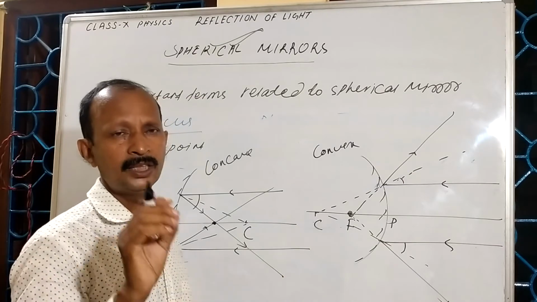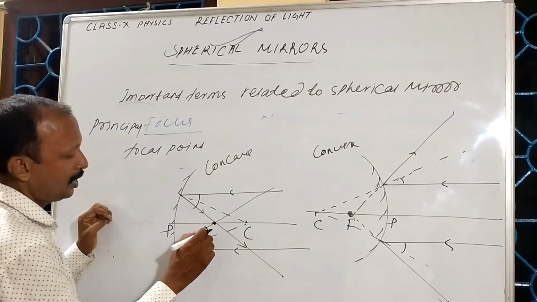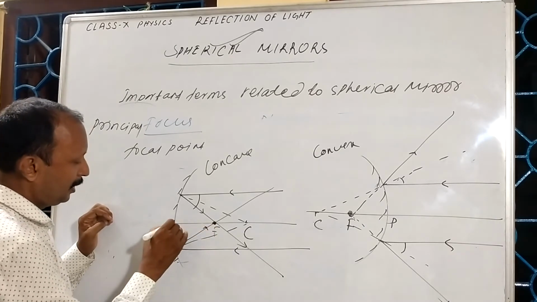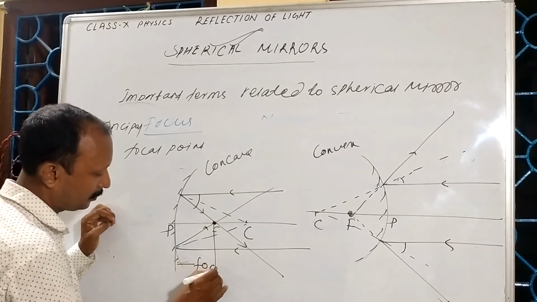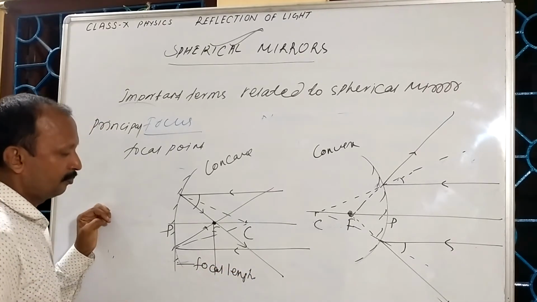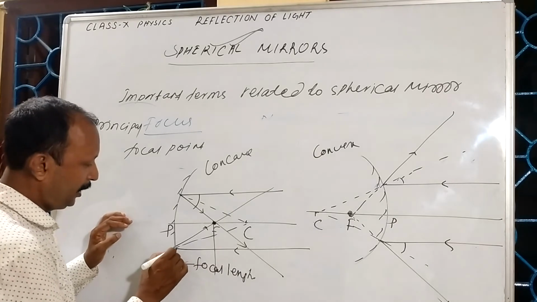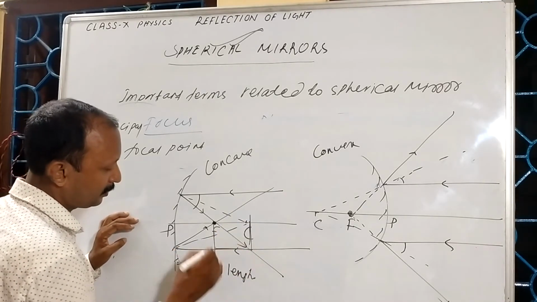So, either the concave mirror or the convex mirror, the principal focus will always be on the principal axis, and the distance from pole to focus is called the focal length. So, P to F how much? F to C also that much.